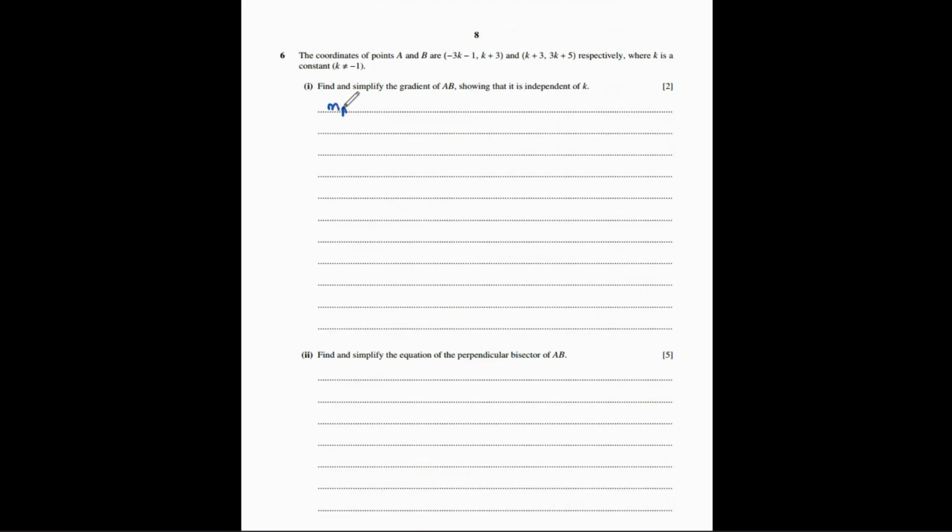So the gradient of AB is going to be (3k plus 5 minus k plus 3) divided by (k plus 3 minus 3k minus 1). 3k minus k is 2k, 5 minus 3 is 2, k plus 3k is 4k, and 3 plus 1 is 4.